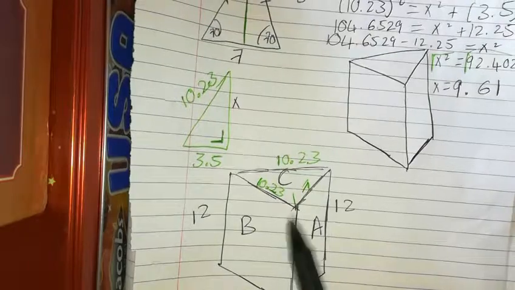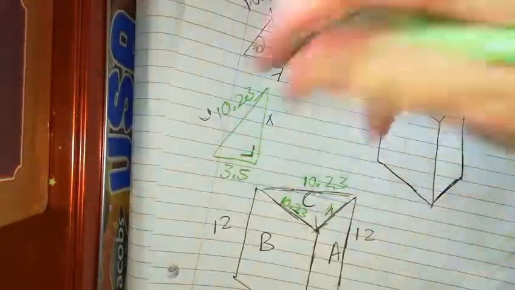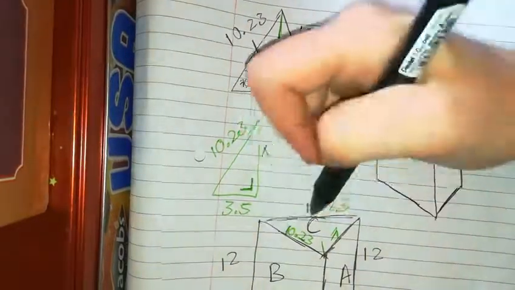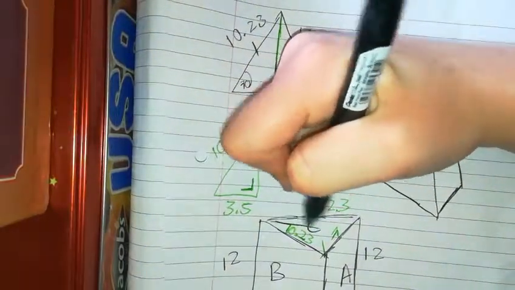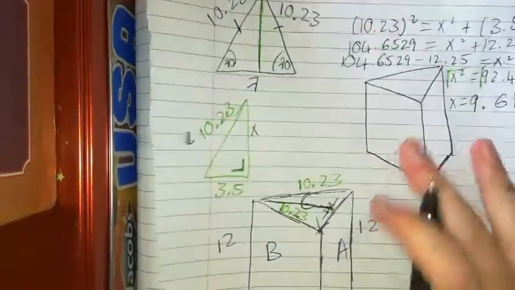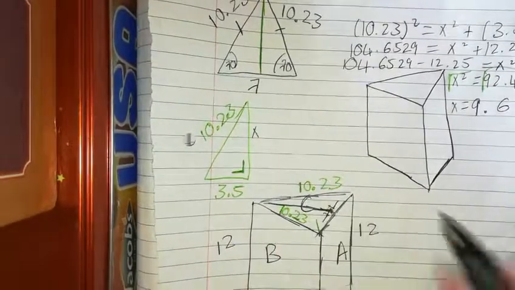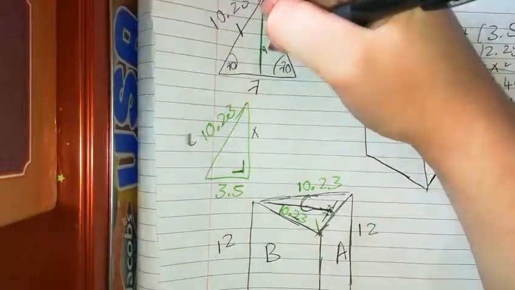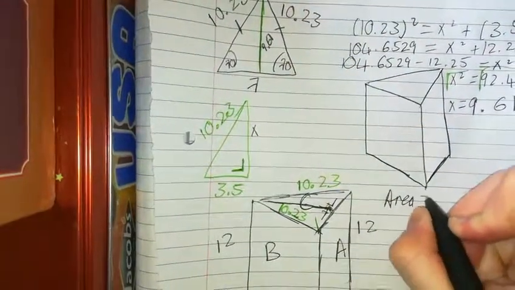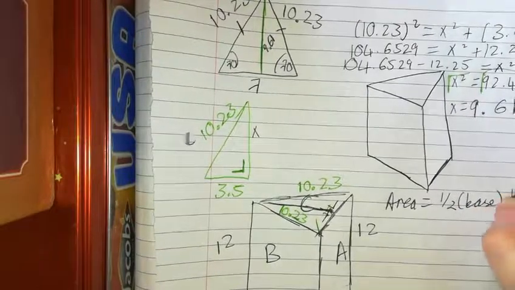Now for the area of this triangle, my perpendicular height is really, say this would be a right angle. It doesn't look like a right angle, but technically it would be. So my base is 7, and my perpendicular height is 9.61. My area is equal to a half base by the perpendicular height.